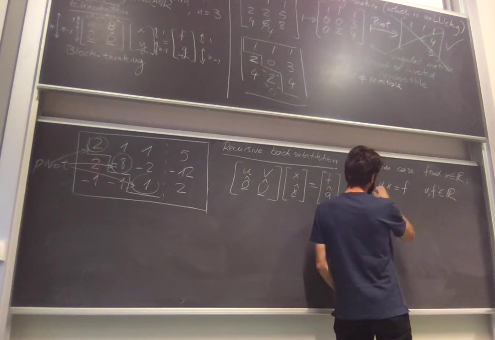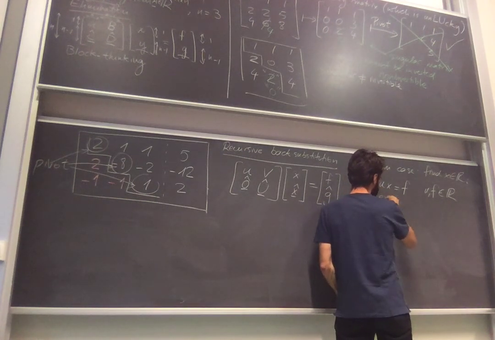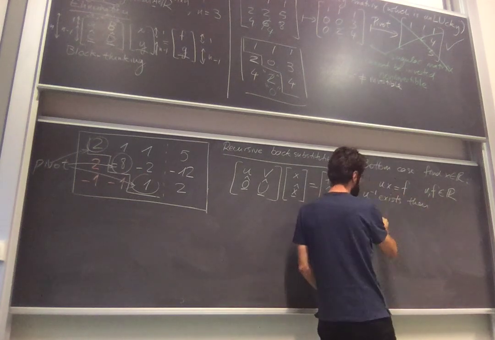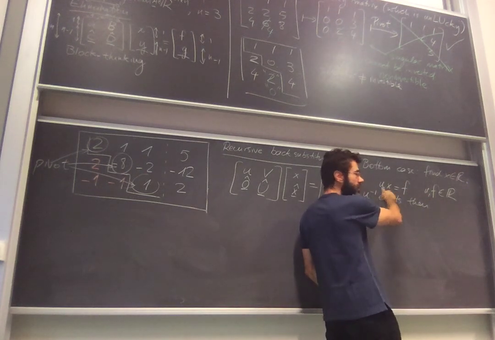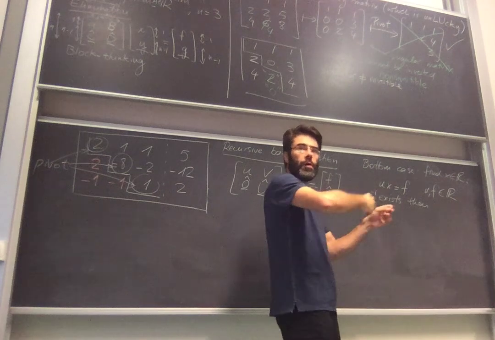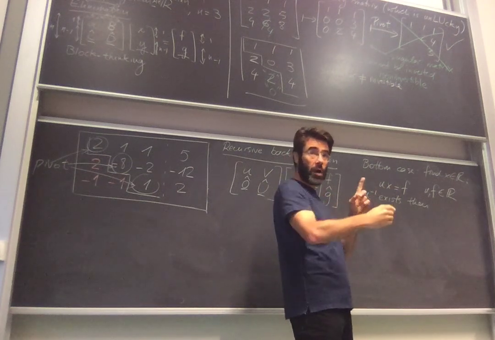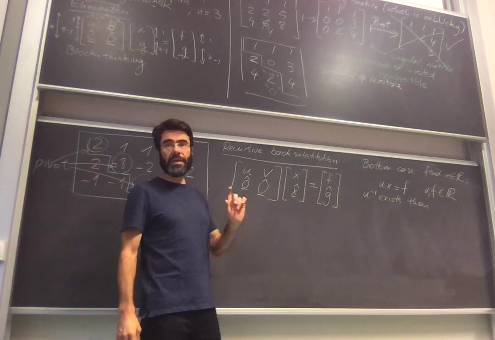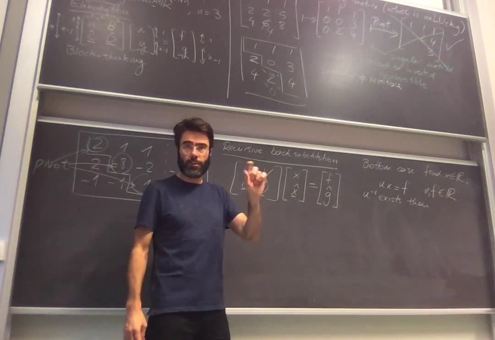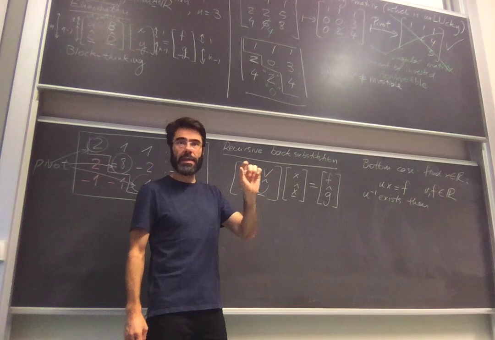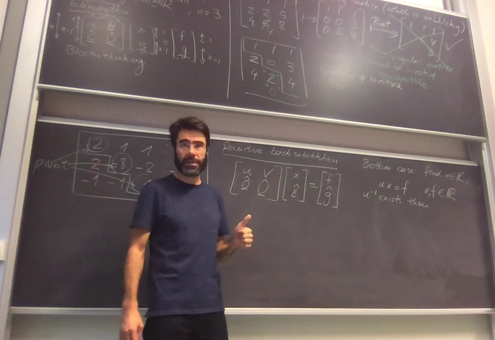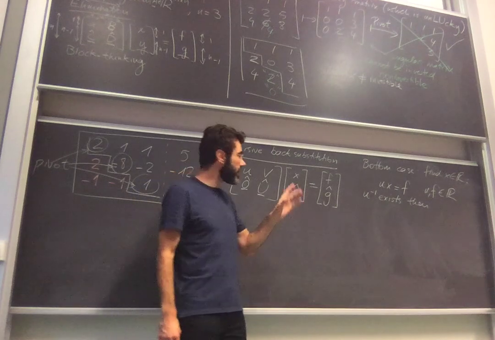So if u is invertible, so if u minus 1 exists, then I multiply by u minus 1. Here I'm going to respect the order of multiplication, because at some point I'm going to move to matrices, and matrices don't commute in general. A times B is not equal to B times A for matrices. For numbers, yes, but for matrices we have to be careful. So let me respect that.